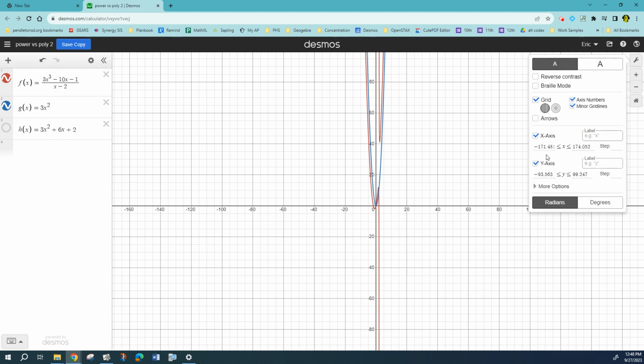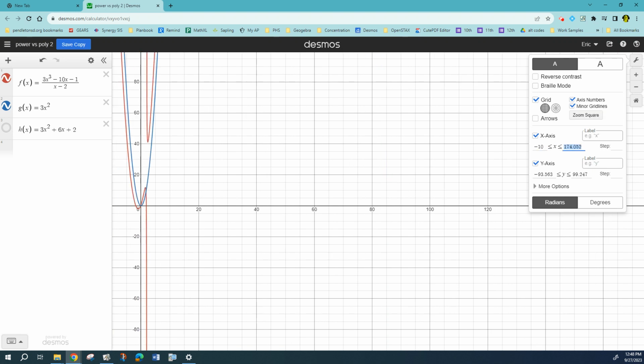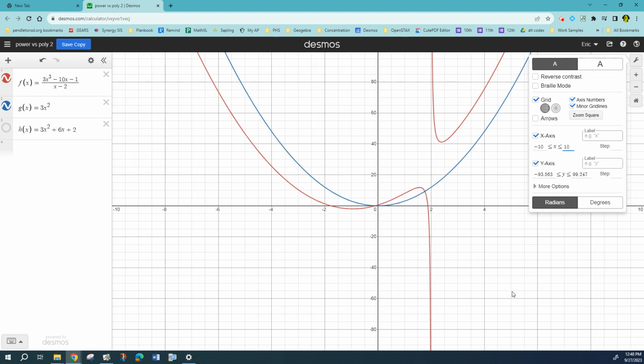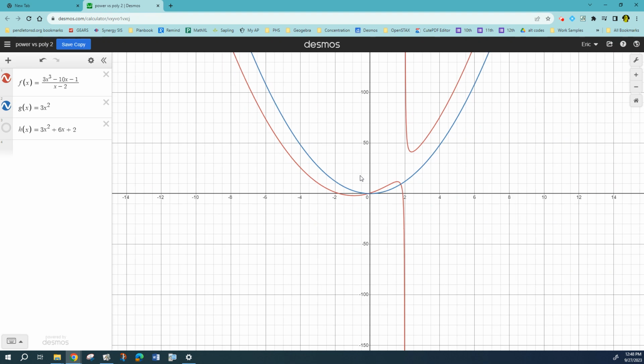Let's stretch out the x-axis a little bit. How about negative 10 to 10? We can see that it's shifted a little bit from the function. It tells us what kinds of infinities it's approaching, but beyond that, it's not a great fit.